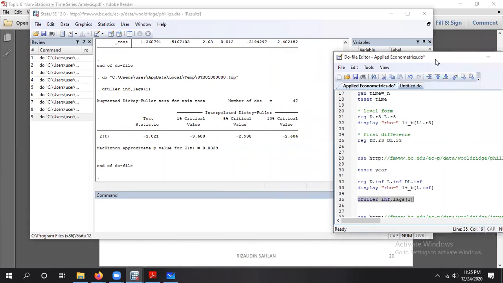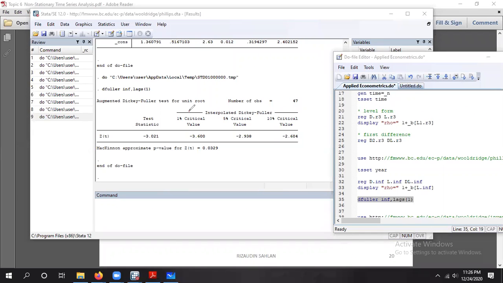The advantage of using this command, dfuller, is that Stata will provide the critical values. So we don't need to pick up the critical value from the table, because the critical value is already given by Stata.